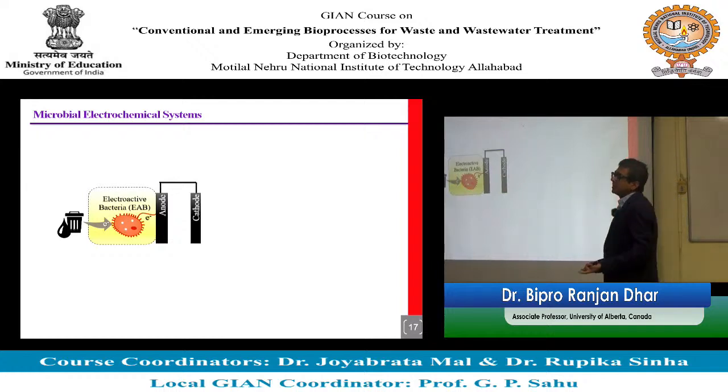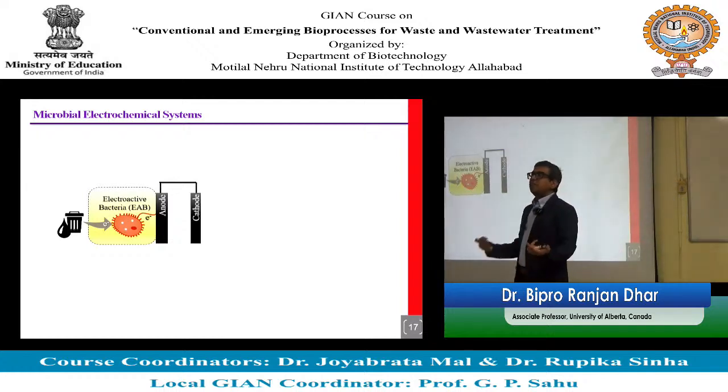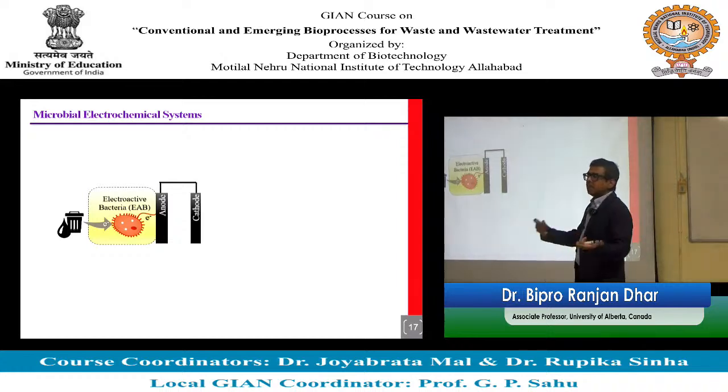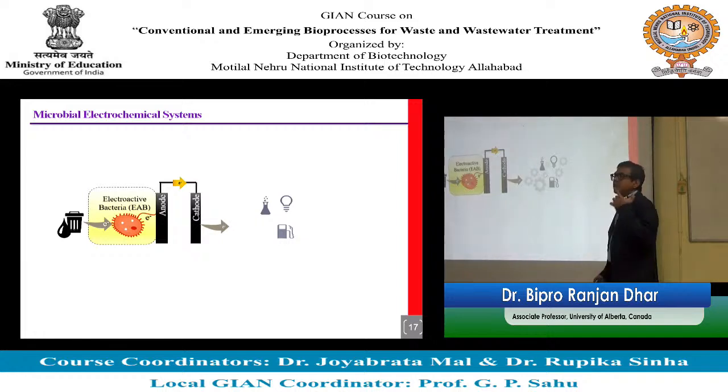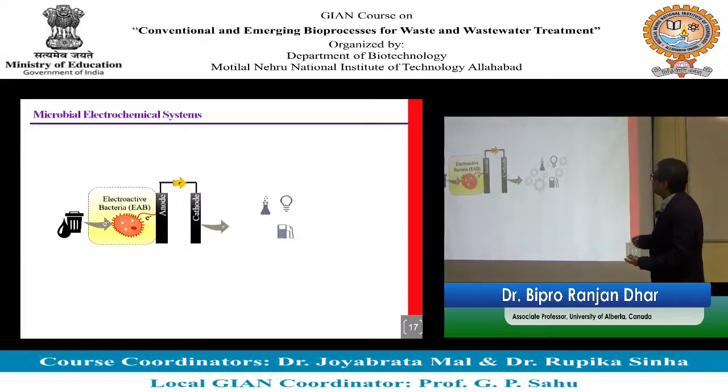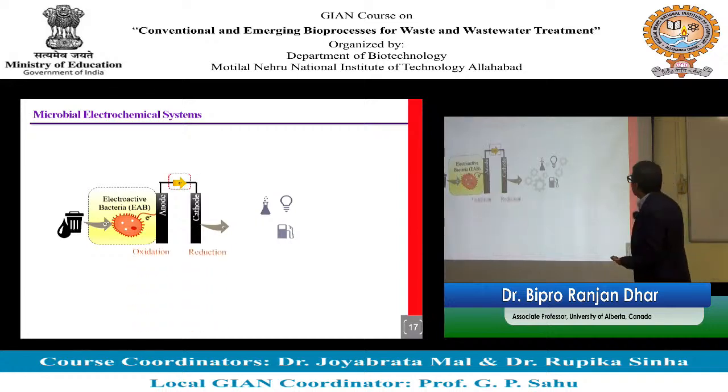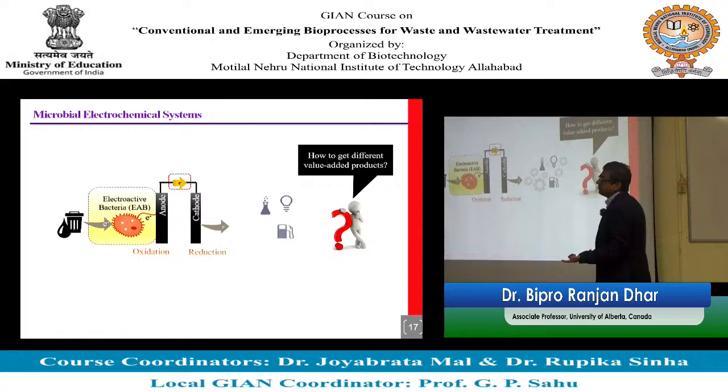Waste and wastewater are very good electron donors, with a wide variety of organics. We can get different types of value-added products if we can manipulate the terminal electron acceptor. So the question is how we can get different types of value-added products.